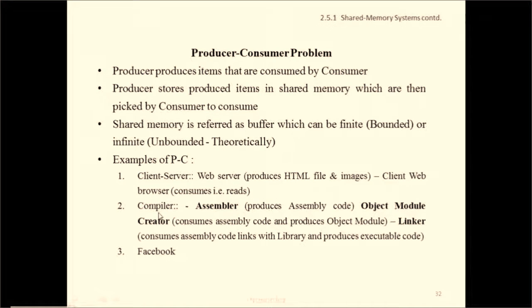Compiler is another example. Assembler produces, recall compilation process of a program. Assembler produces assembly code which becomes input to object model creator. Object model creator consumes assembly code and produces object model which becomes input to linker, which consumes it, links with library and produces executable code.